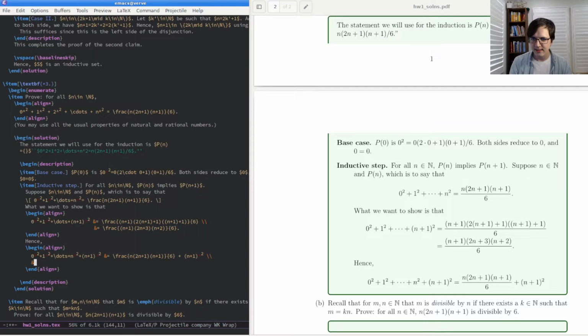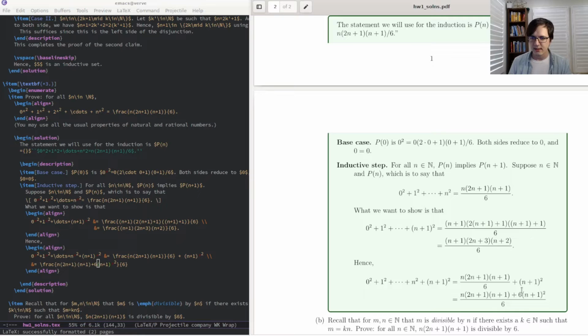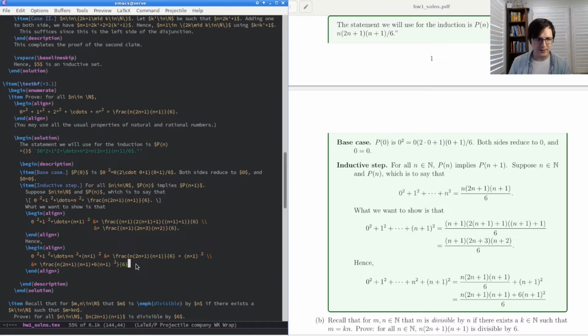And I guess we have to factor in stuff like that. So let's start by bringing it together. Okay, so let's add 6 times, no, I thought I had it, oh, there it is. Okay, there's an n plus 1, and there's going to be an n plus 1, so may as well try factoring that out.